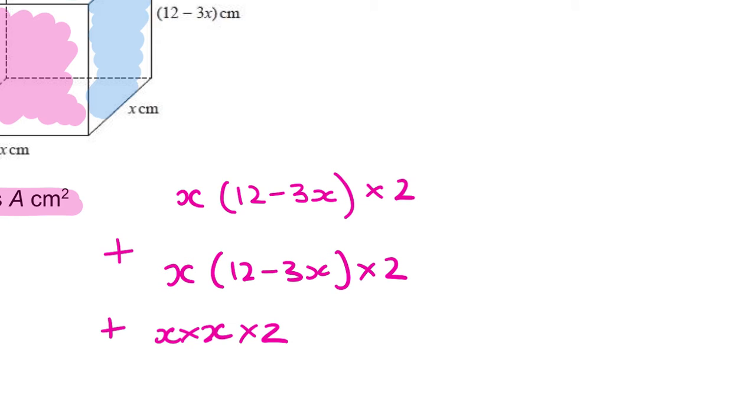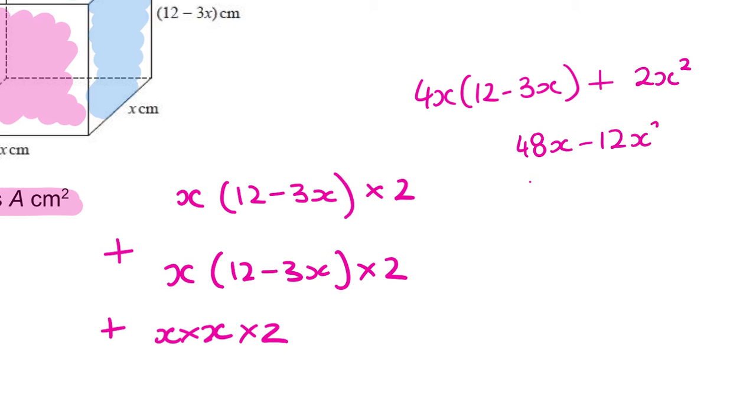So technically, these two are the same. So this is literally just going to be 4x lots of 12 minus 3x plus 2x squared. This is going to give me 4 times 12 is 48x minus 12x squared plus 2x squared.